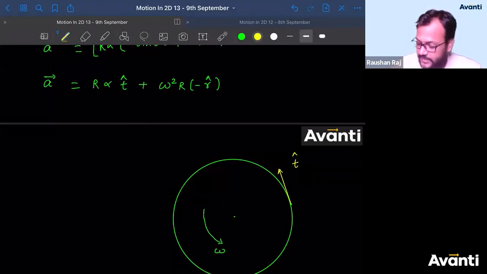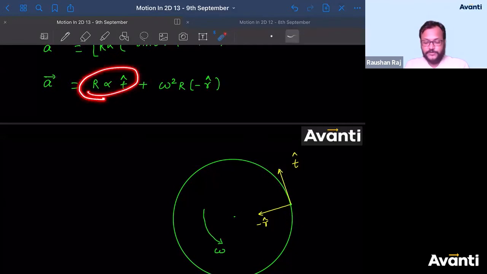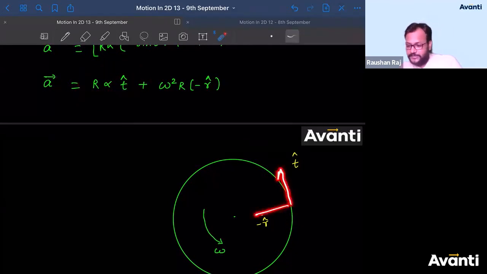What is minus R cap? So this vector will be minus R cap. So this acceleration is having two components: one along the center, towards the center, the other one along the tangent.